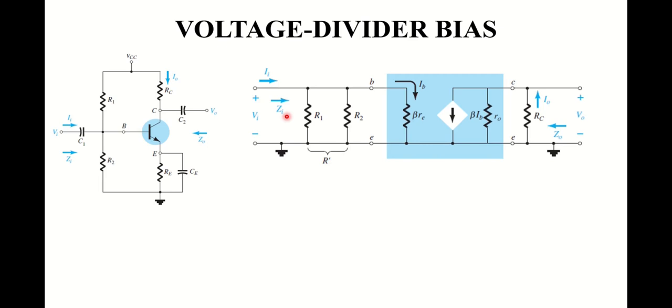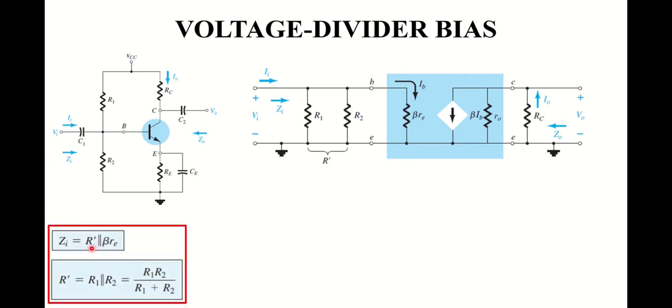Equivalent of R1 and R2 is represented here by R dash. So R1 and R2 in parallel is represented by R dash, and that R dash is connected in parallel to beta Re. R dash can be easily calculated by using this formula of two resistors connected in parallel.